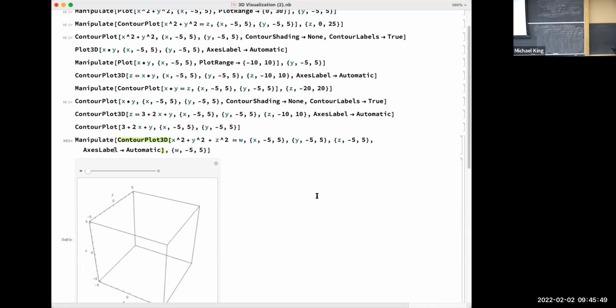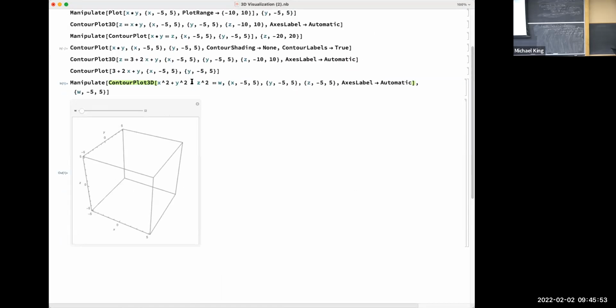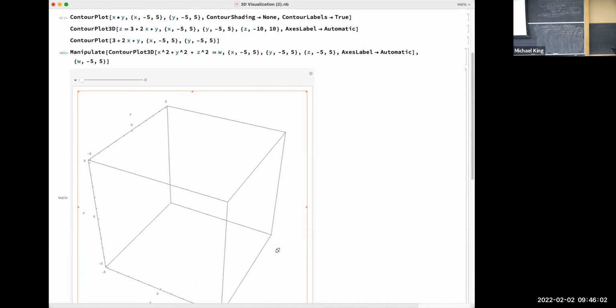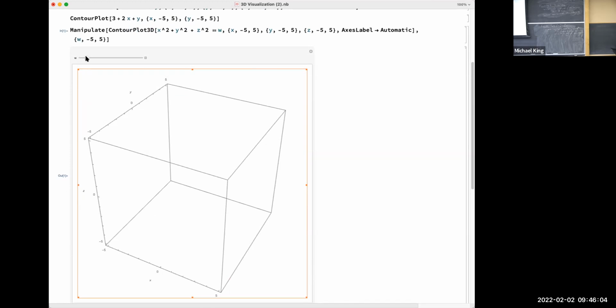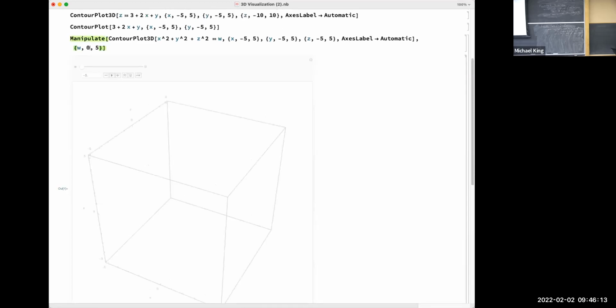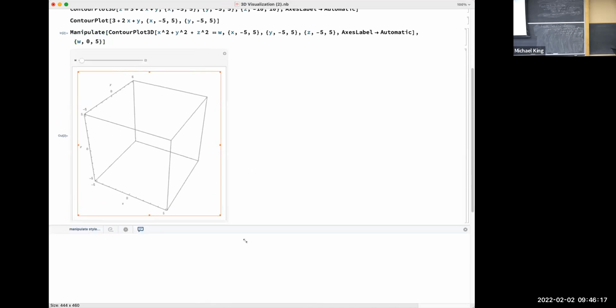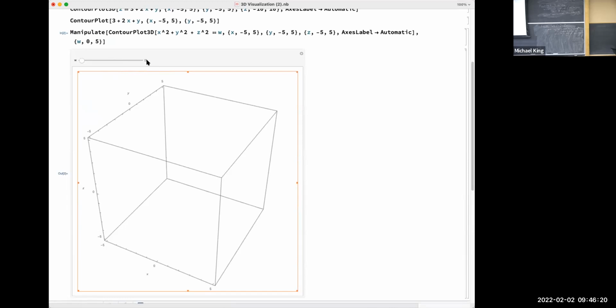Okay, so this is plotting x squared plus y squared plus z squared equals w for various values of w. If you look at this little slider here, that is w. Now doing negative values is kind of silly because x squared plus y squared plus z squared cannot be negative, right? So let me just do 0 to 5.